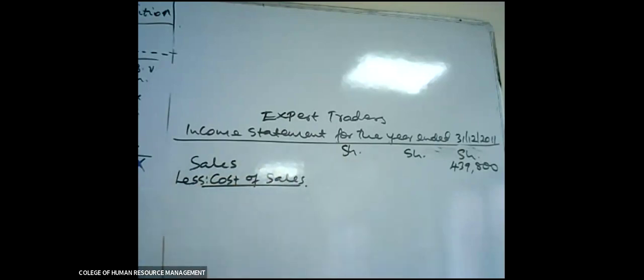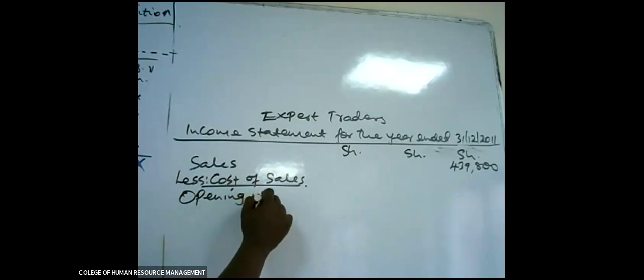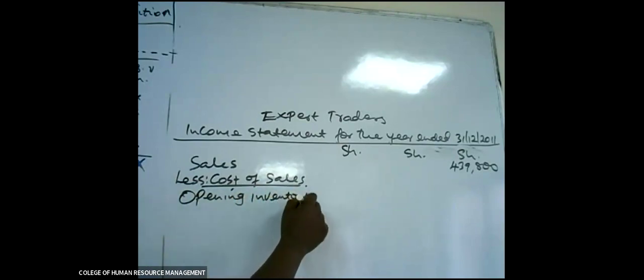Those goods that we sold and generated 439,800, how much did they cost us? Opening inventory. We did not have it, it is not anywhere to be seen.